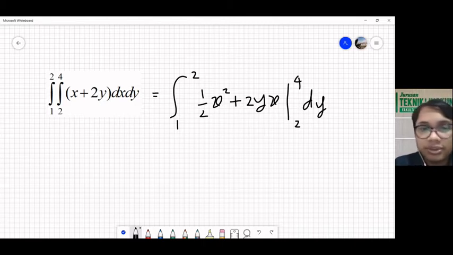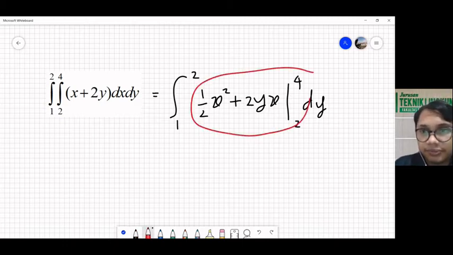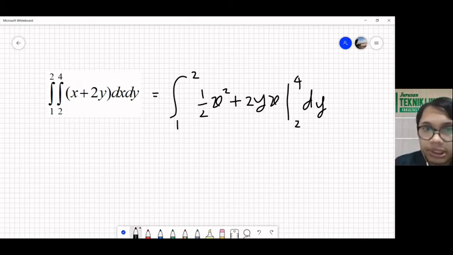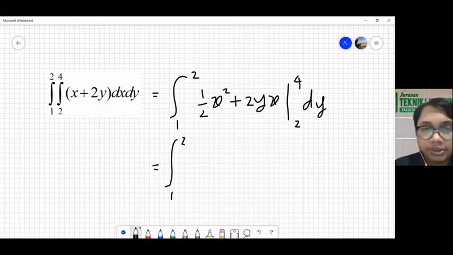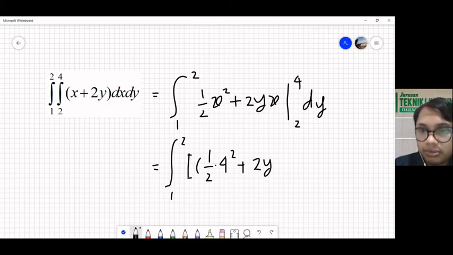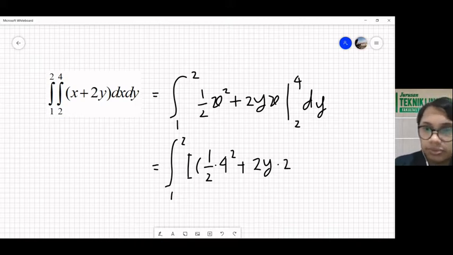Okay, now we solve this part. Now we put the limit into the integration, so just rewrite this part because we have not yet tried to solve this one, and it becomes one half times 4 squared plus 2y times 4.